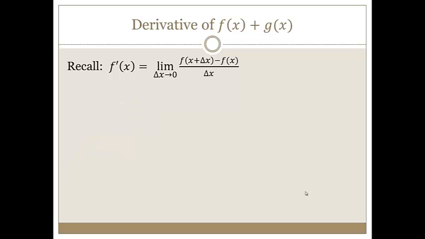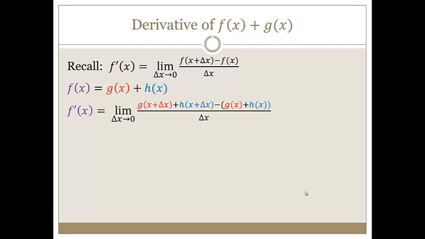To answer our question, let's go back to our definition of the derivative using f of x equals the sum of two functions, g of x plus h of x. Putting these into our definition, we have that f prime of x is the limit as delta x goes to 0 of g of x plus delta x plus h of x plus delta x minus g of x plus h of x, all over delta x.